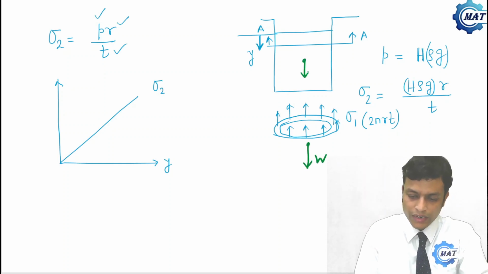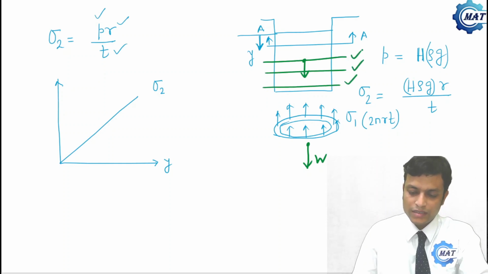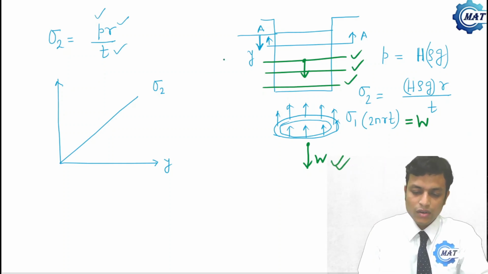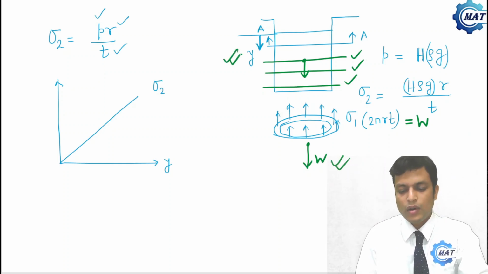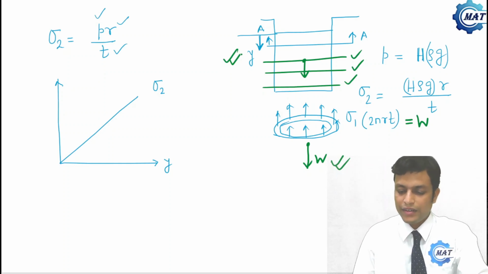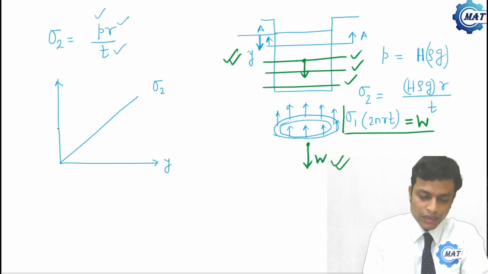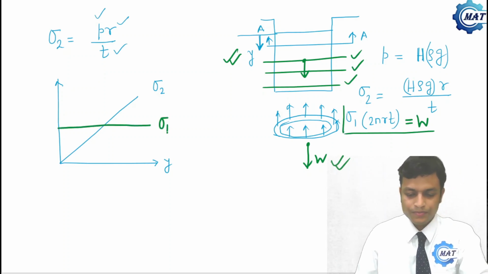At any section, sigma 1 times 2 pi r t is balancing the weight of the liquid column, so it is equal to the weight. So sigma 1 is constant and does not depend on y. Along y, sigma 1 is constant at any level of the cylindrical vessel. So this is the expression of sigma 1, and these are the variations of sigma 1 and sigma 2.